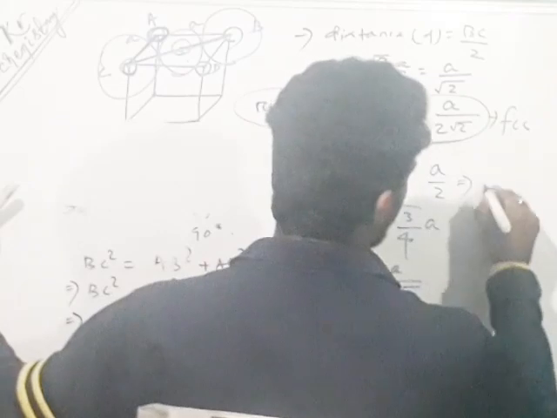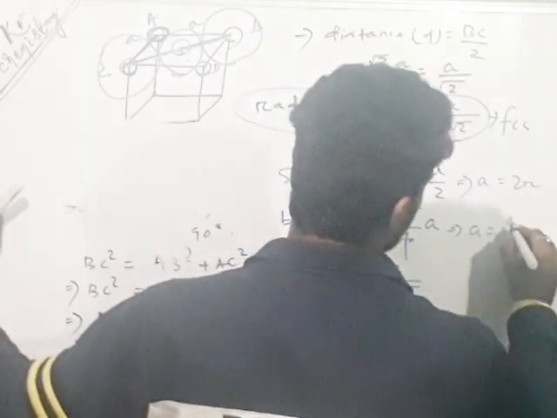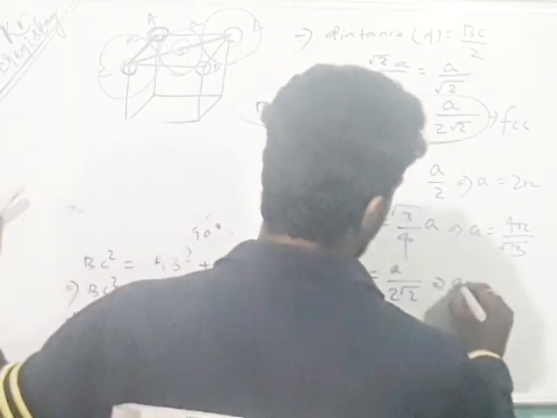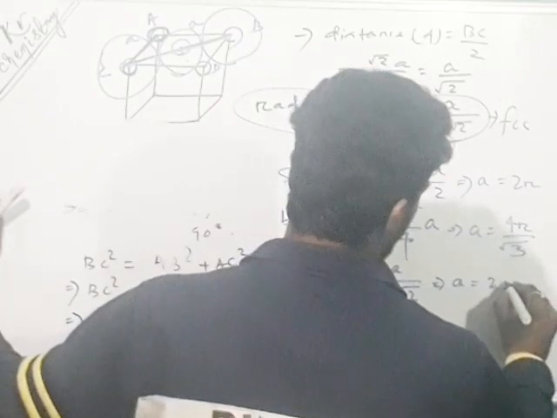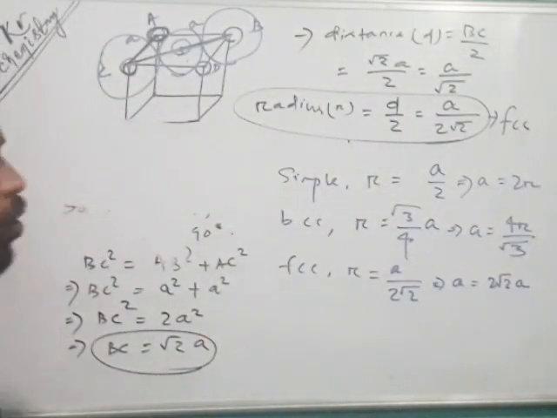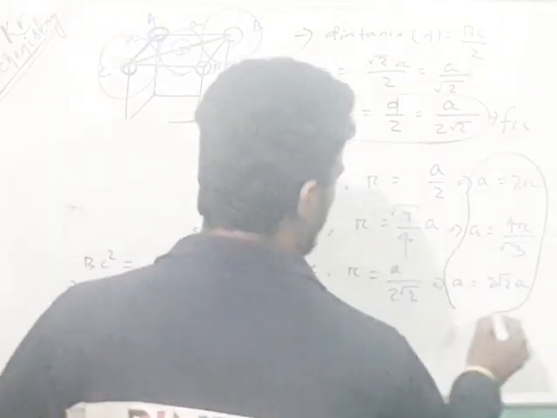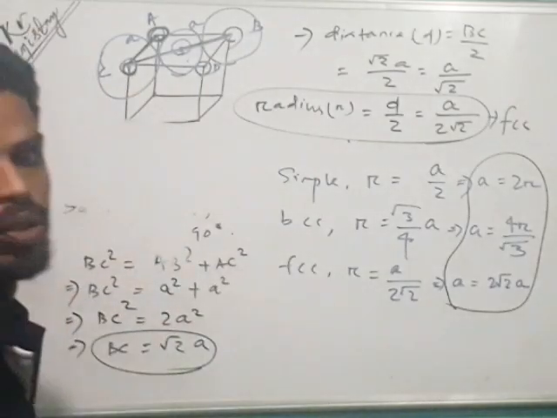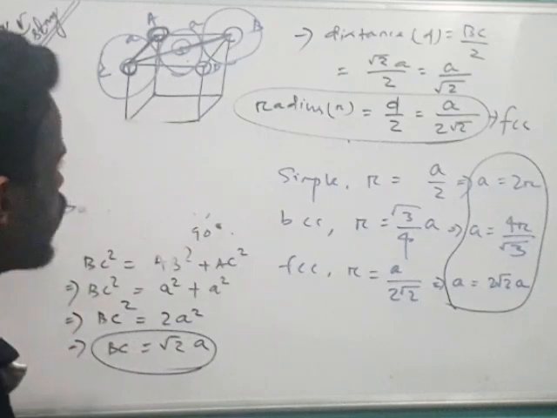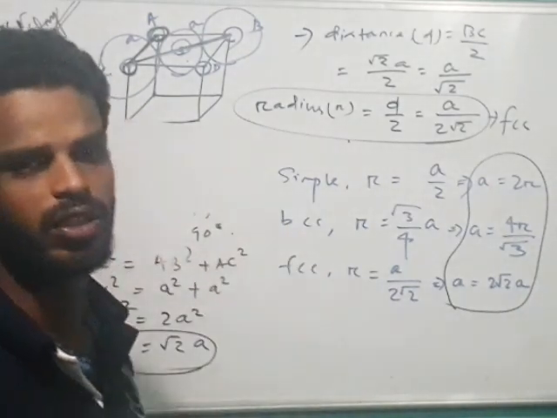Calculating the value of A: A is equal to 2R, A is equal to 4R by root 3, and A is equal to 2 root 2 R. This is the total derivation of the number of atoms calculation and the distance between two nearest neighbors for simple, body centered and face centered cubic.